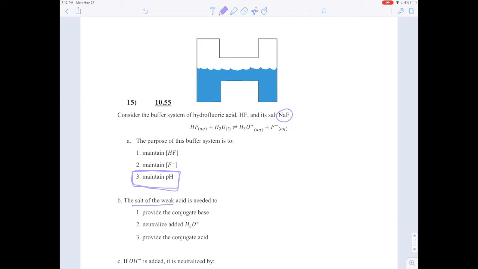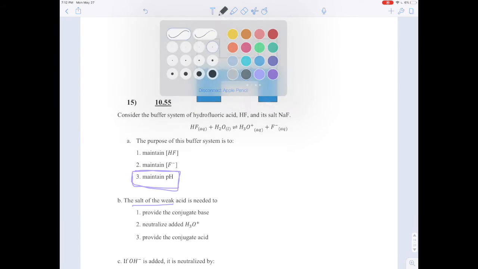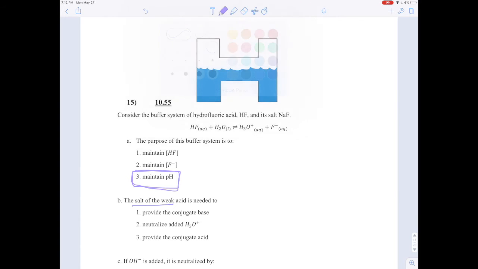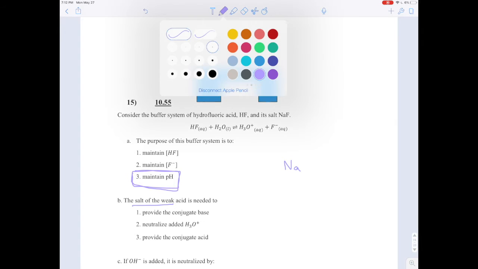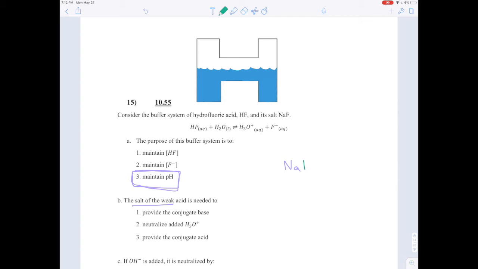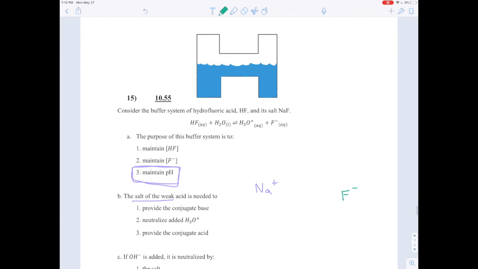So what does that NaF do? Why would you add that to a solution? Well, you have the Na, and then you have the F. They're a solution outside of water, but when you put them into water, they each go their own way. The Na has its plus charge, and the F has its minus charge. And so you can see how after you put them into water and they go their own way, NaF really produces F-.